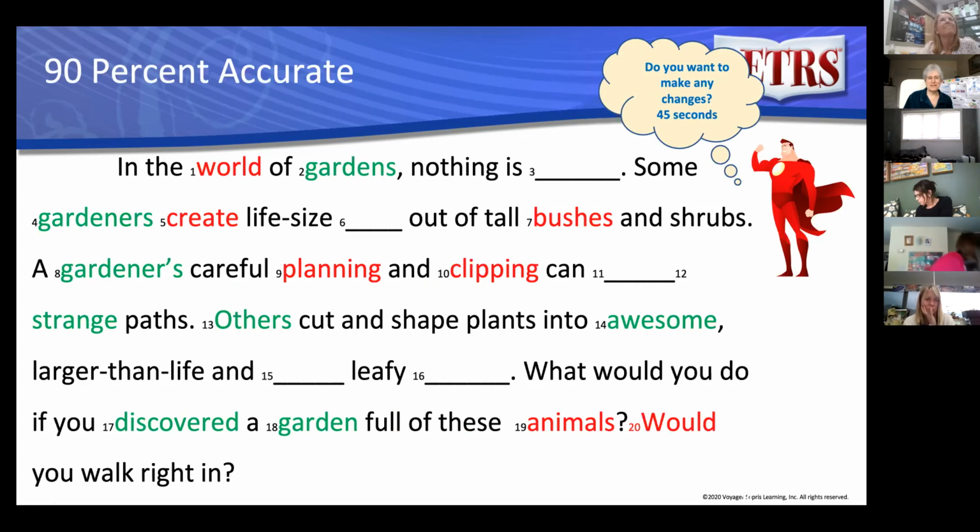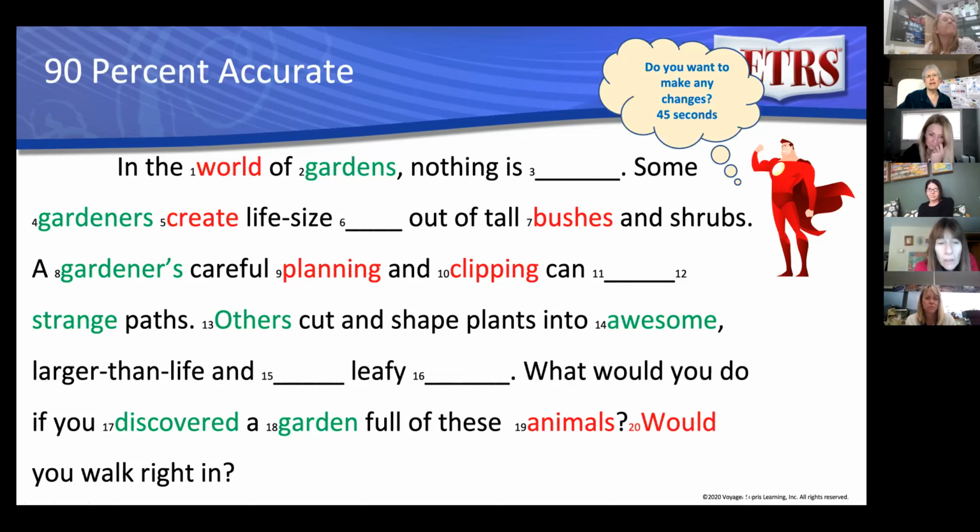Do you want to make any changes now? Anyone want to start changing what they think the title is?